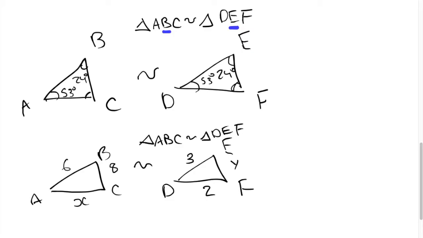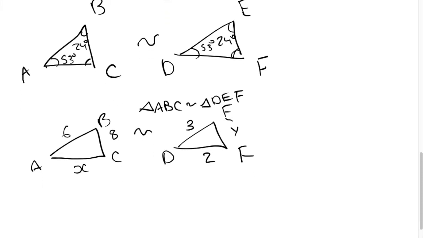Well, believe it or not, you could actually use these two similar triangles to find out the different sides of AC and EF without actually measuring it. Remember when we set up the side proportion ratio when identifying similar triangles? Well, you could use the same thing to solve for X and Y. So you know that AB is proportional to DE.